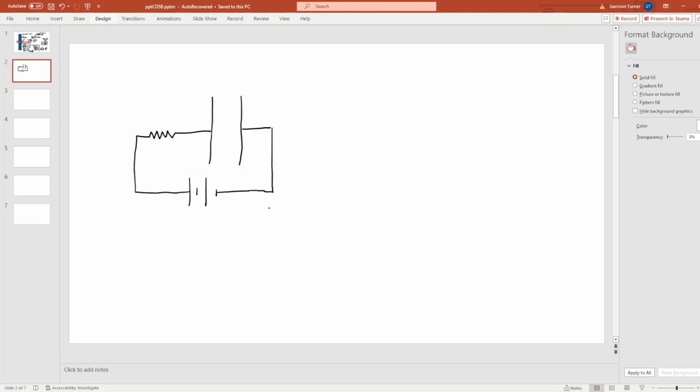Okay. Let me put a switch in here. Okay. So initially our capacitor is uncharged when the switch is open. And then I'm going to close the switch, right? So we close the switch.